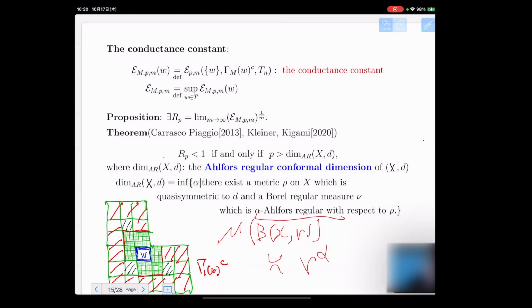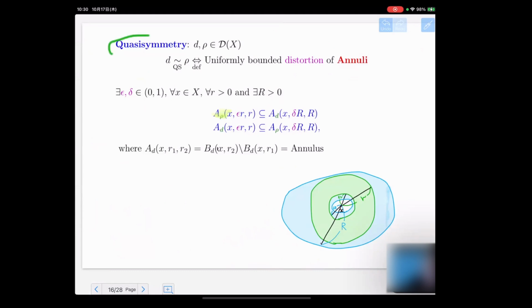And what is the quasi-symmetry? I suppose many of the people in the audience already know the notion of quasi-symmetry, but I think I have 20 minutes left, so I just say that quasi-symmetry means if two metrics are quasi-symmetric, that means uniformly bounded distortion of annuli. Of course, if you have two different metrics, the annuli are distorted, but this distortion is uniformly bounded.